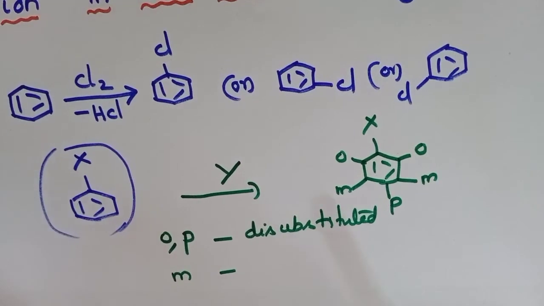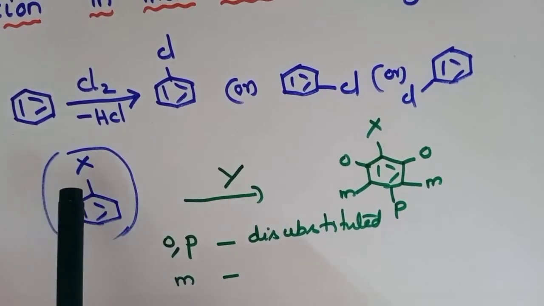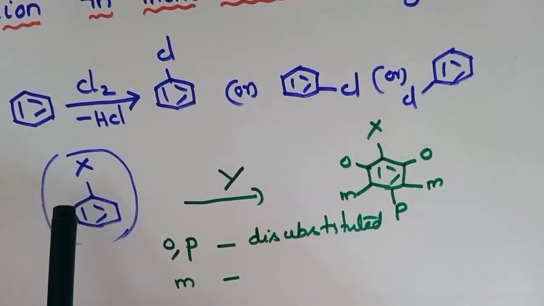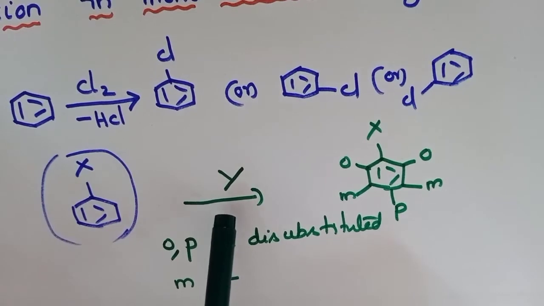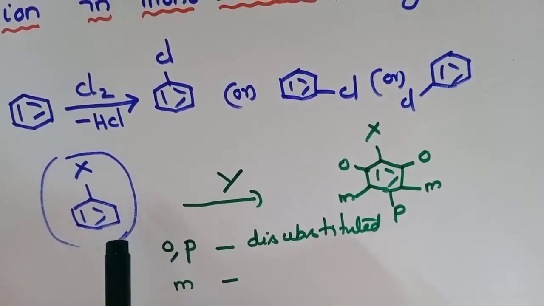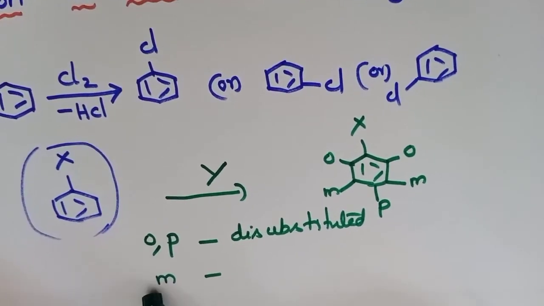So what is the reason for this? The reason is the group or atom which is already present. Here I have assumed it to be X. It will direct the new group or atom which is coming inside either to the ortho-para positions or the meta positions.